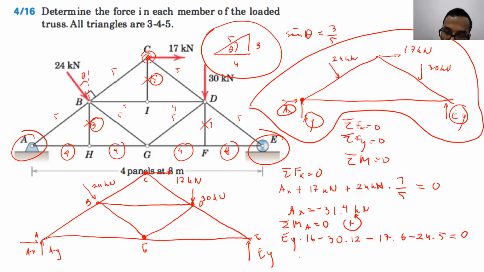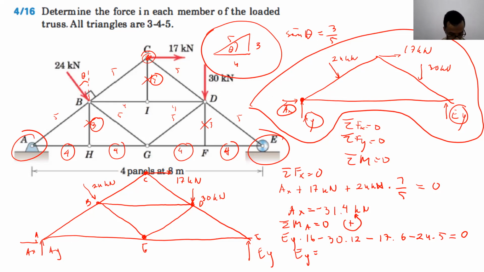And what is the value of EY here? Thirty multiplied by 12 minus 30 multiplied by 12 minus 17 multiplied by 6 minus 24 multiplied by 5. What is the value, Judy? It would be 36.38.